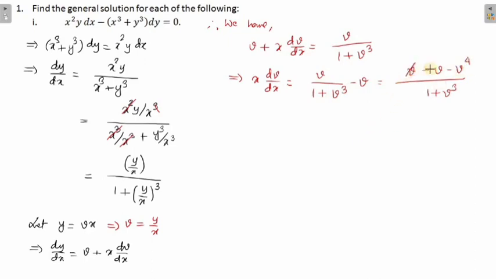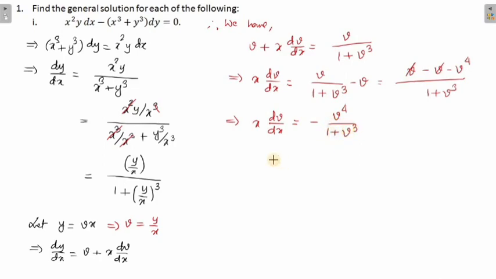These two get cancelled. So we get x dv by dx is equal to minus v to the power 4 by 1 plus v cube.